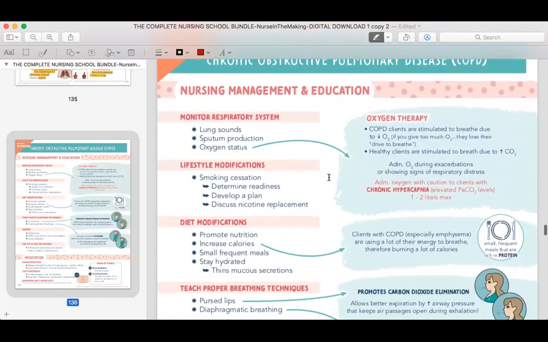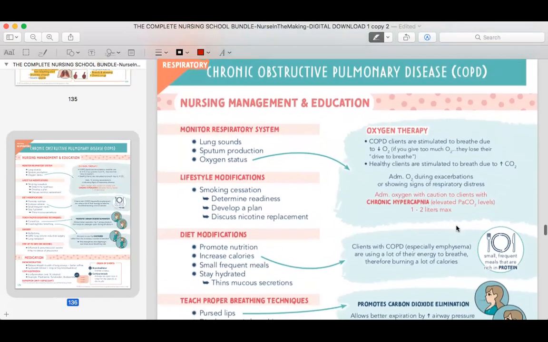COPD, so here we go. This is for lung sound, sputum, oxygen saturation rate. The normal oxygen saturation rate for COPD is 88 to 93%.